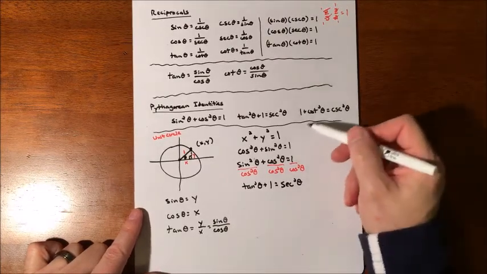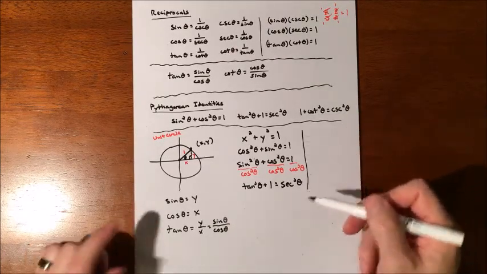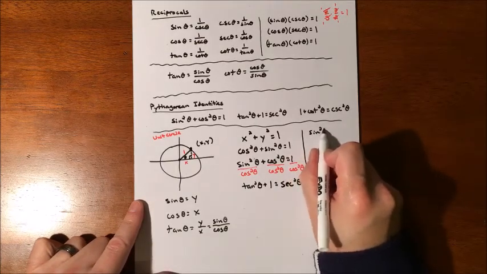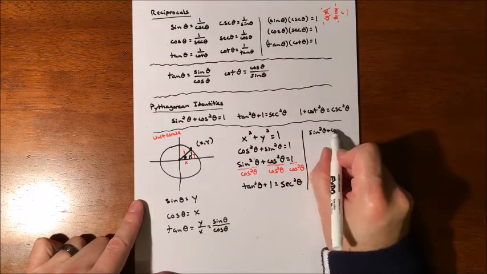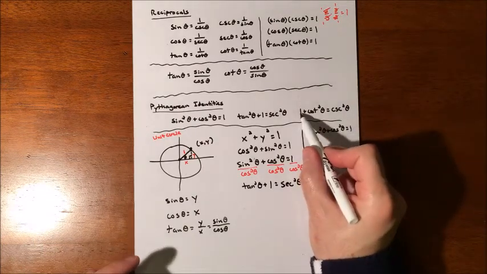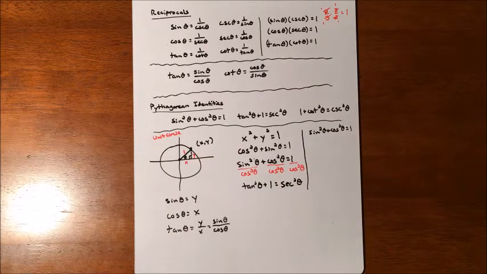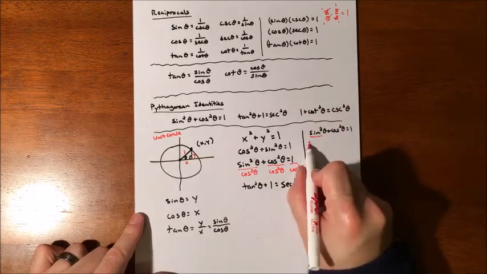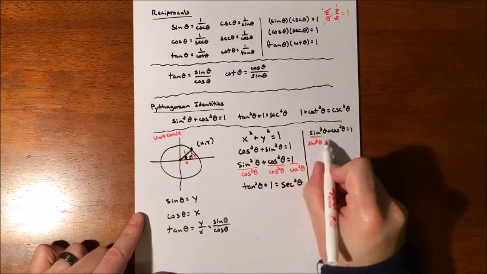And then how do we go about creating this one? We take our same sine squared theta plus cosine squared theta equaling 1. I want to create a 1 out of the first term, a cotangent, and a cosecant. Well, I divide everything by sine squared.